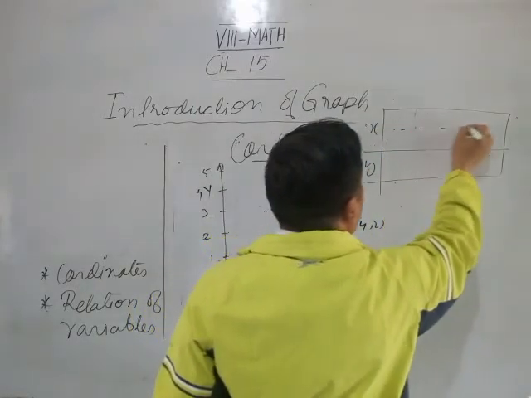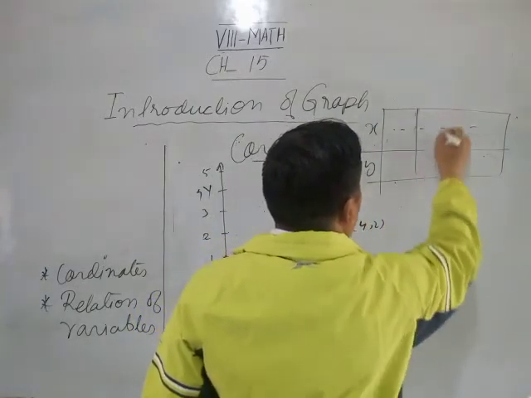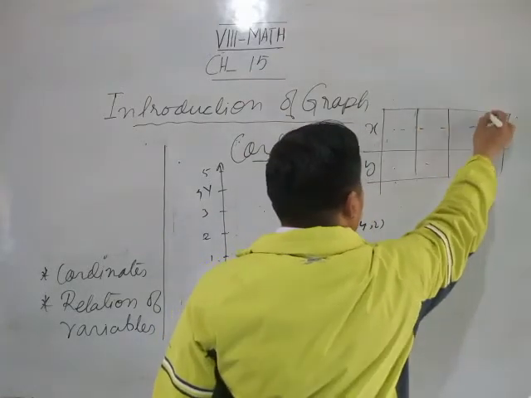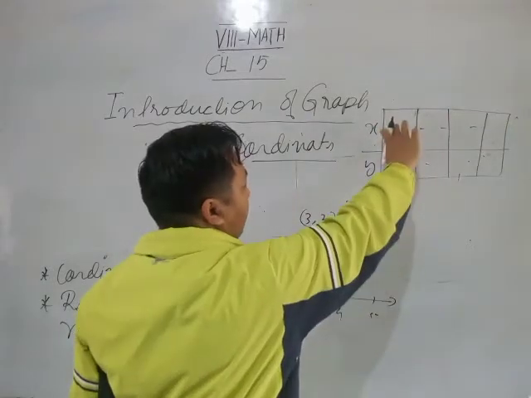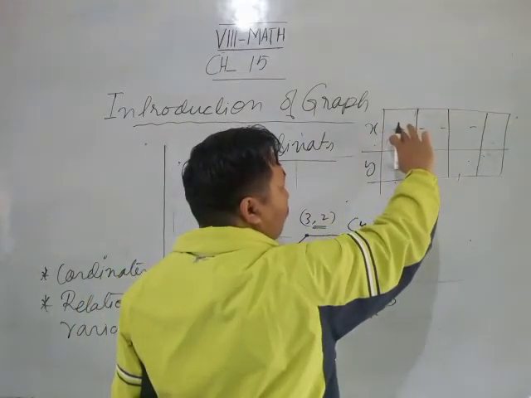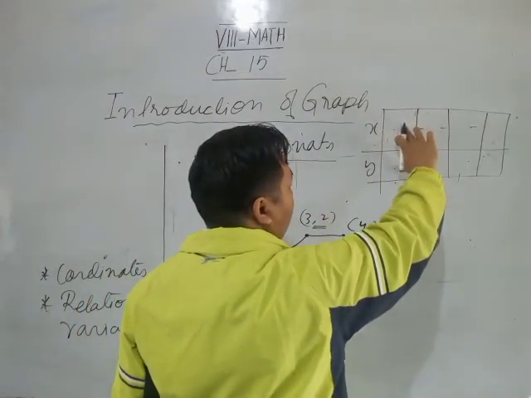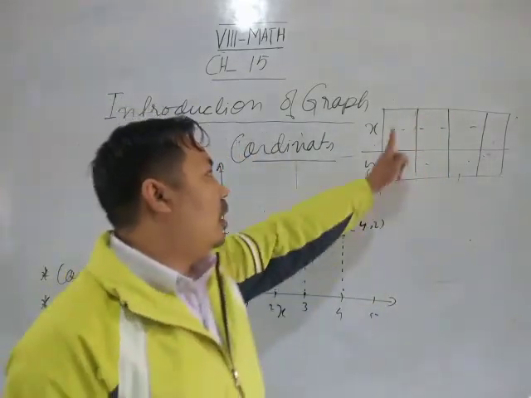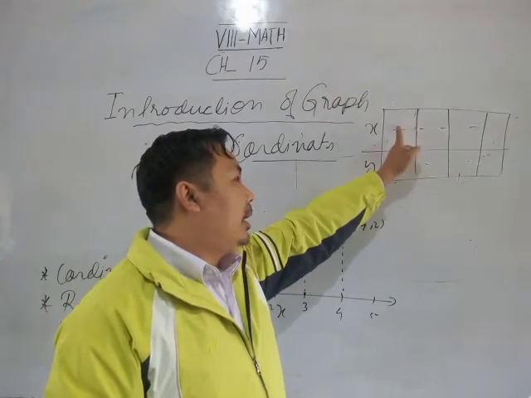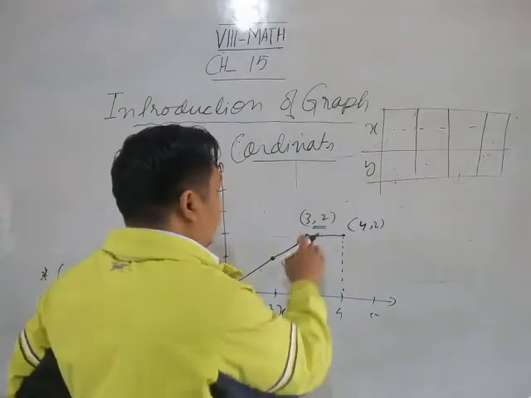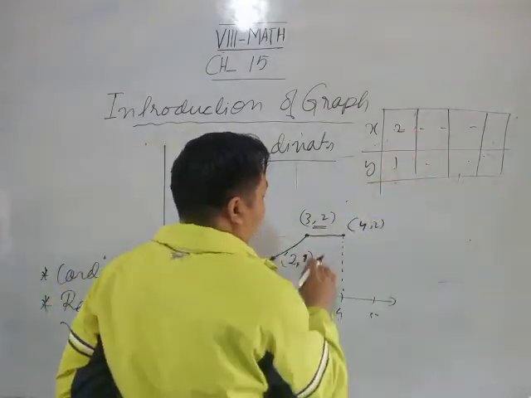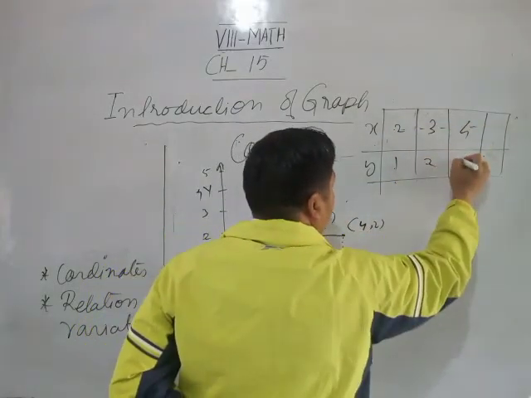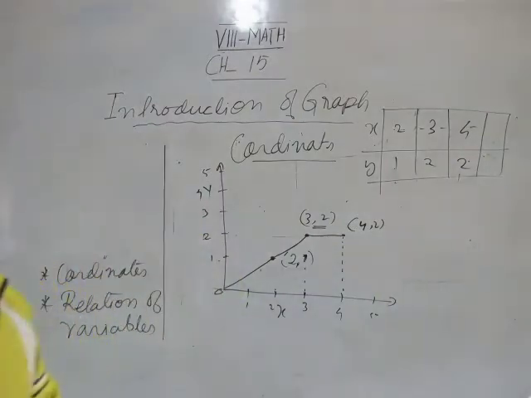So whatever value comes above is the x value and below is the y value. Those two numbers go as the coordinates. Coordinate means partners: this number and this one, x value, y value. Okay. So this 2, 1 will be here, and this 3 and 2 will be here, this 4 and 2. Like this they will be kept here.